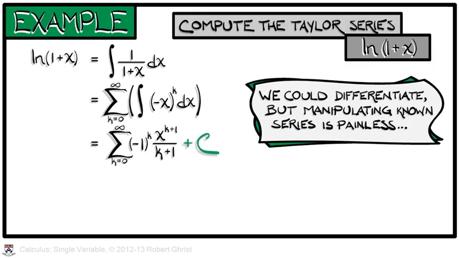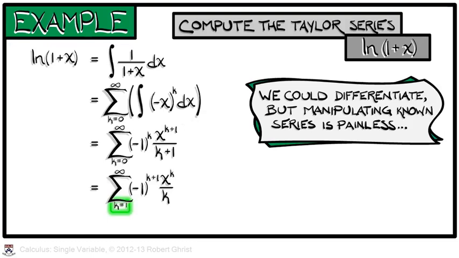If we add an arbitrary constant out in front, well, that's actually not going to be so bad. And why? When x equals 0, we obtain the log of 1, which is 0. So forget that constant.